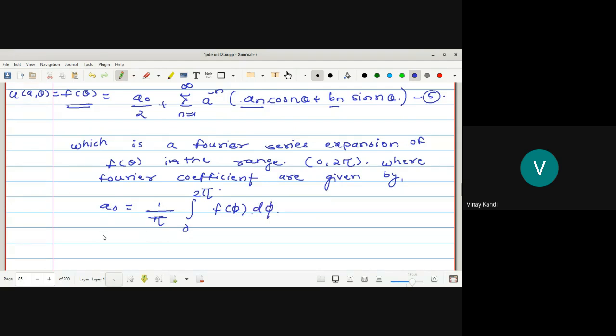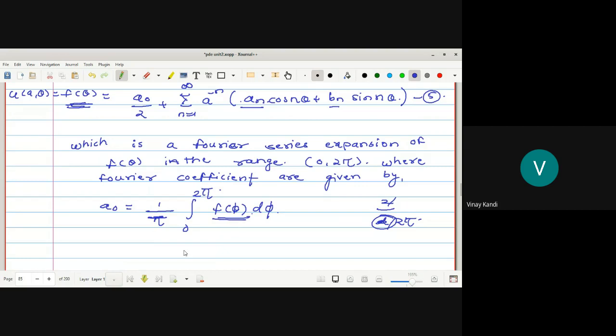This is the value of a naught. Whatever the range is, it comes on the integration, 0 to 2 pi. Actually, 2 upon L is needed, where L is the range of integration, here 0 to 2 pi, so the 2 cancels, giving 1 upon pi. And f of theta becomes f of phi.